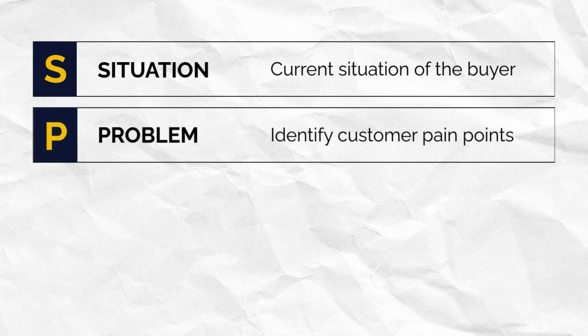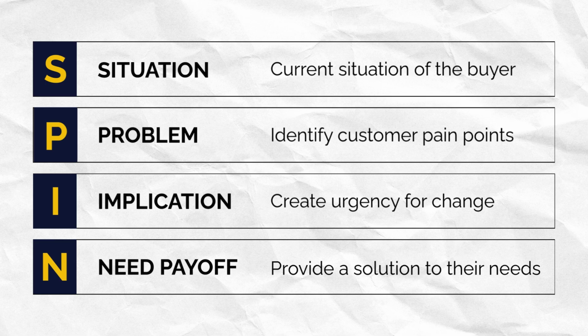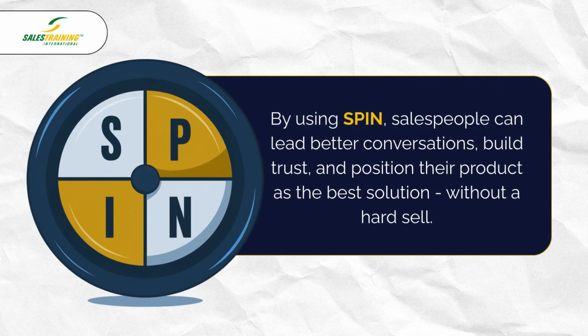Problem questions, identifying customers' pain points. Implication questions, creating urgency for change. And finally, Need-Payoff questions, providing a solution to their needs. By using spin, salespeople can lead better conversations, build trust, and position their product as the best solution without a hard sell.